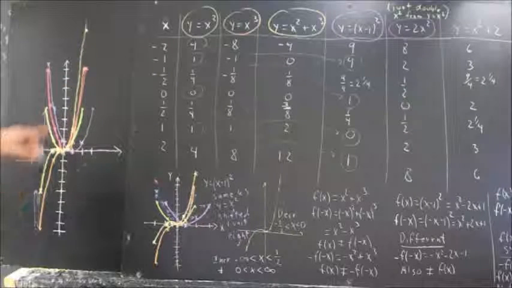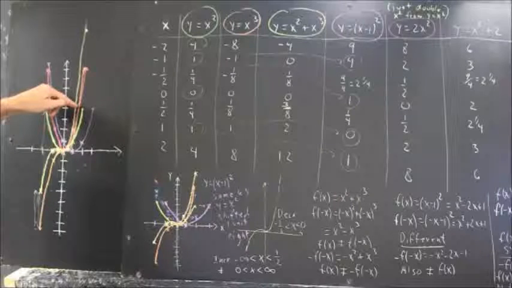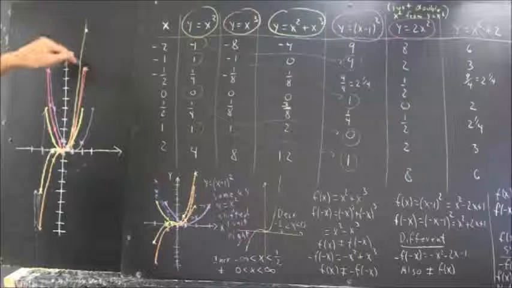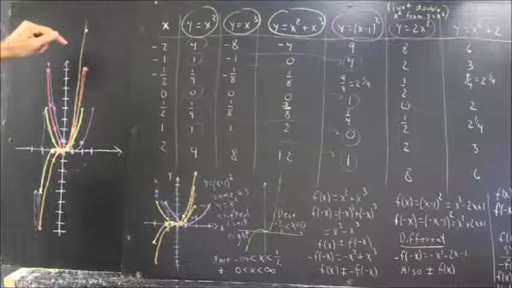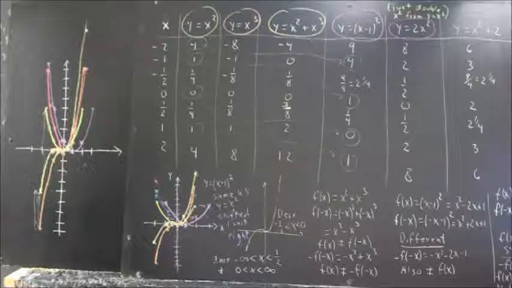And notice kind of how that graph seems to cross the x cubed graph right about here. Now the x cubed graph is going to be higher than the 2x squared graph for every point after this.